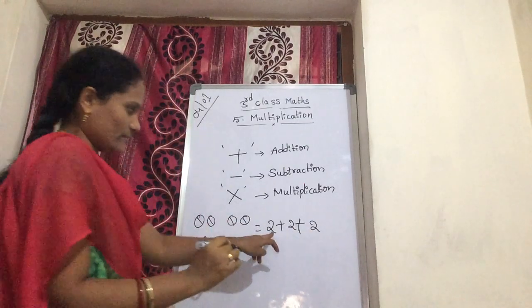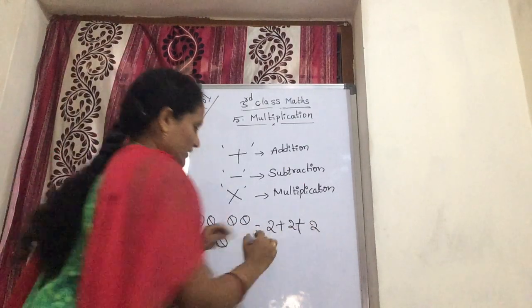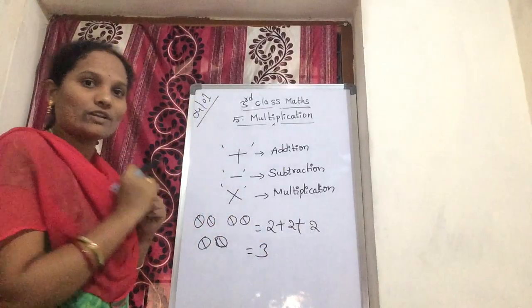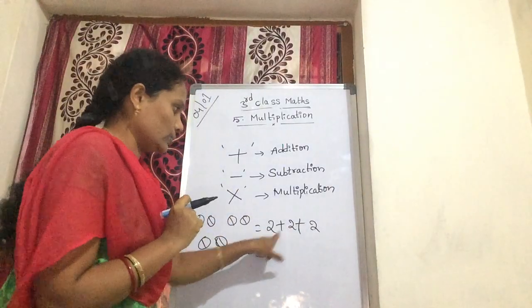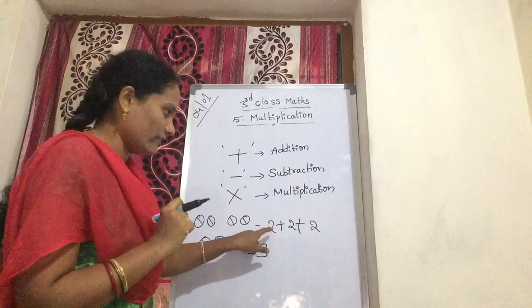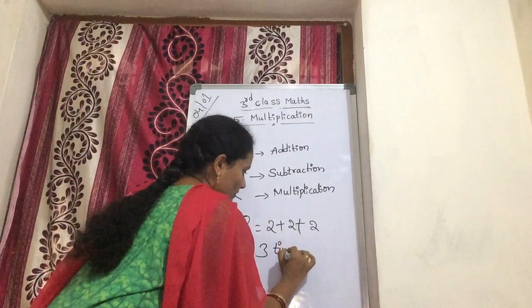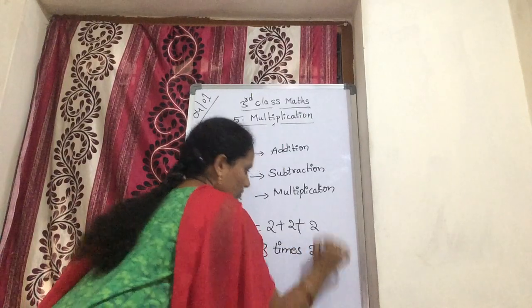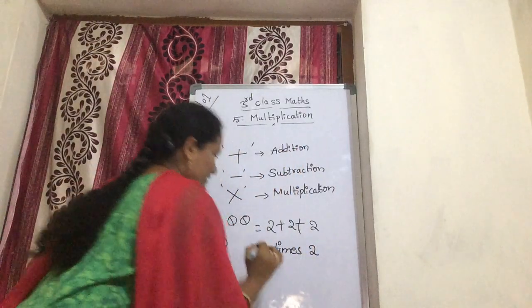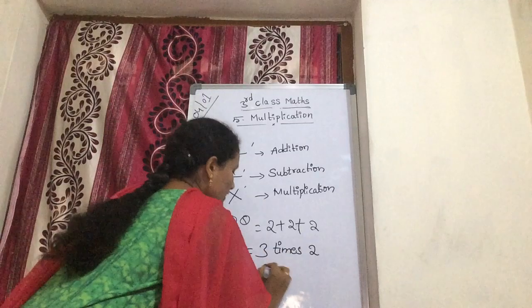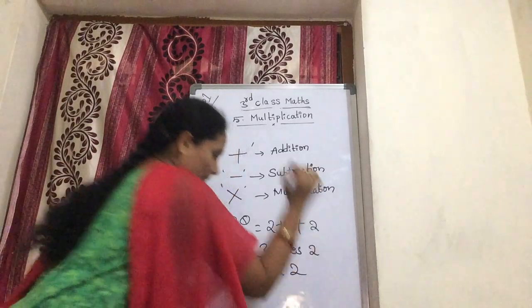So here how many times repeated? 1, 2, 3. 3 times repeated. What is repeated? 2. 3 times the same, and every time 2 is repeated. So 3 times 2. How to write this? 3 times 2, 3 into 2.